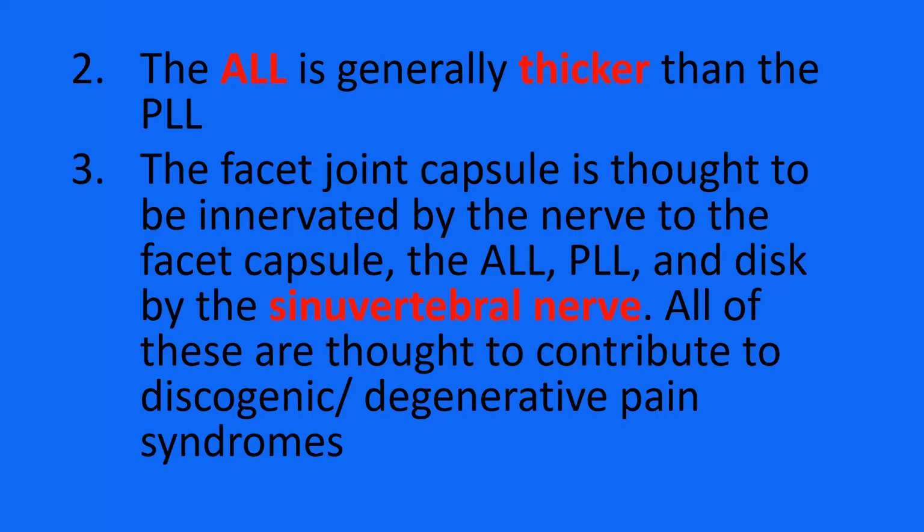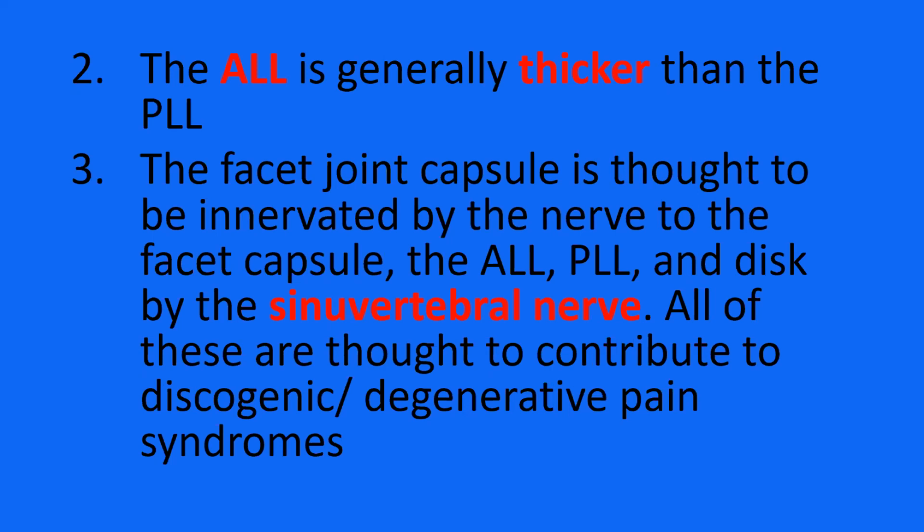The anterior longitudinal ligament is generally thicker than the posterior longitudinal ligament. The facet joint capsule is thought to be innervated. This is important. We like to ask this question in multiple choice questions.